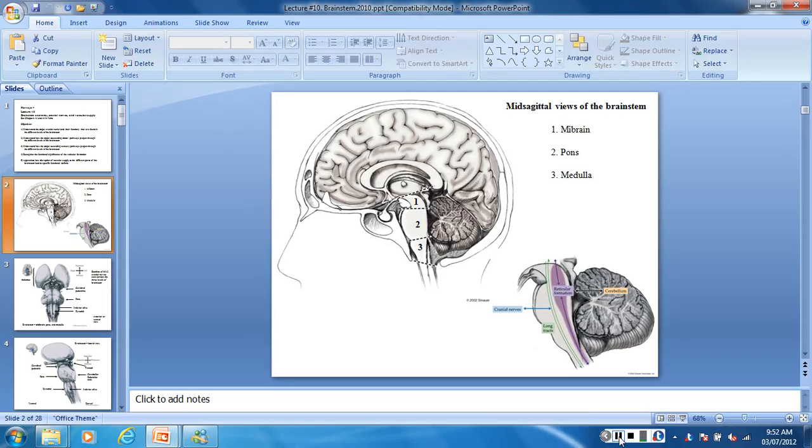So if all you have to do is now learn, what do these 3 levels look like? What should I find in each one? What would be the relative positioning of these major structures? And if you think about the medulla having the pyramids, well, that's where you're going to find corticospinal, right? If you think about the midbrain having cerebral peduncles, corticospinal plus corticobulbar, because the bulbar axons are coming down to innervate 5, 7, 9, 10, and 12.